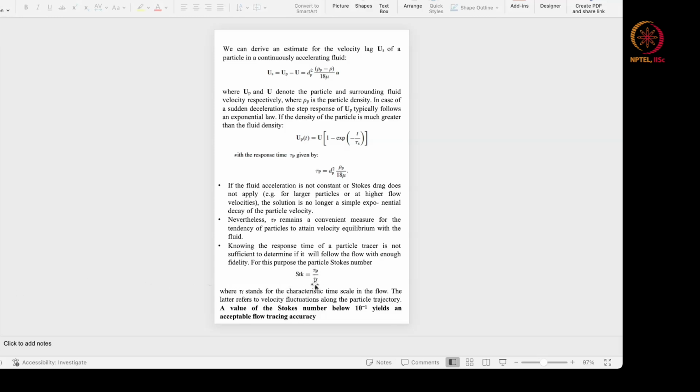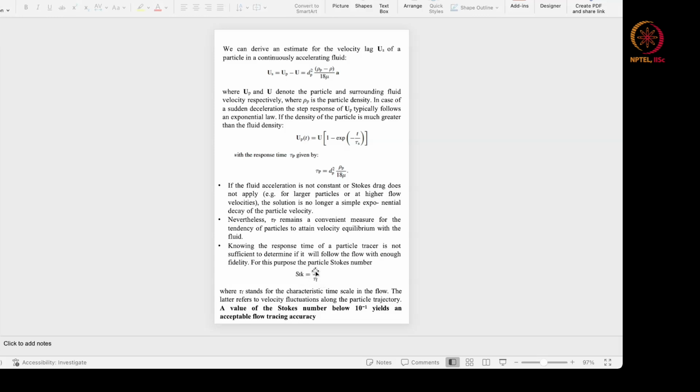Imagine the vortex is being shed at a very high frequency. For the particles to trace the vortex, that is what you are going to measure, the tracer time scale has to be much lower than the vortex time scale. That sometimes is pretty onerous.